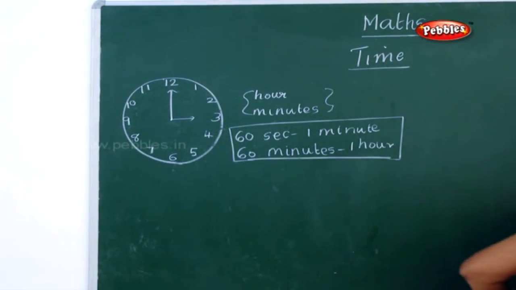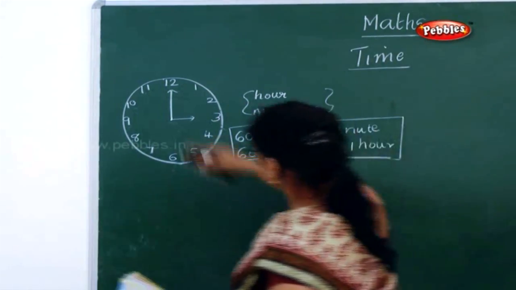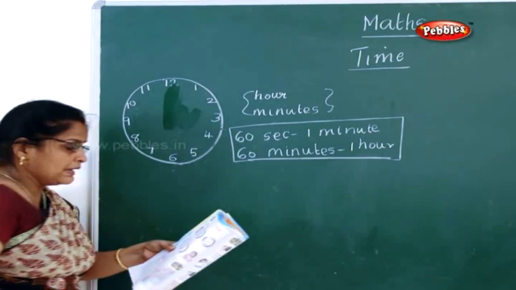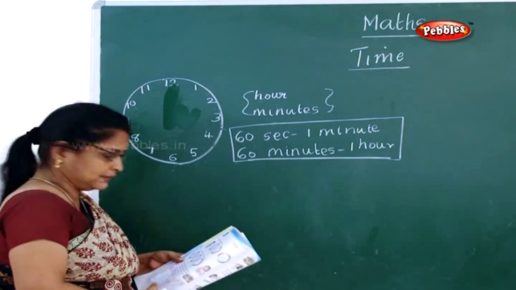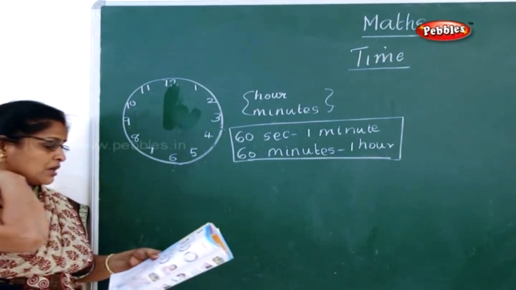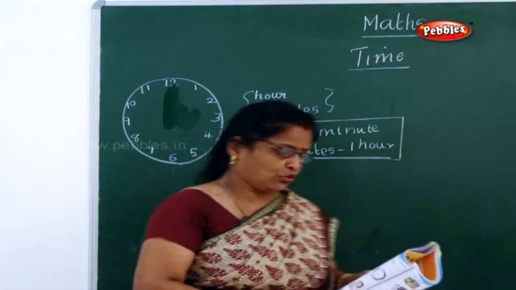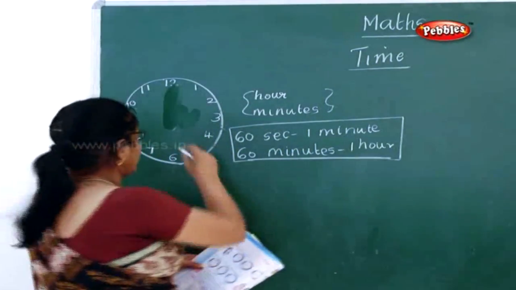Now in your book, they have given one exercise on time. They have asked you to find out what time each clock shows. Is it clear now? The question in your book is what time does each clock show. Now I'll just make it here.